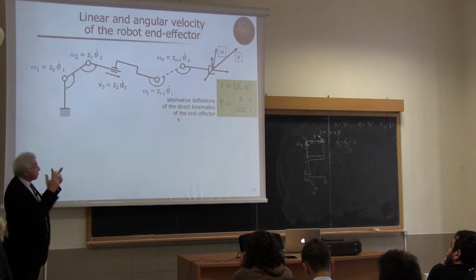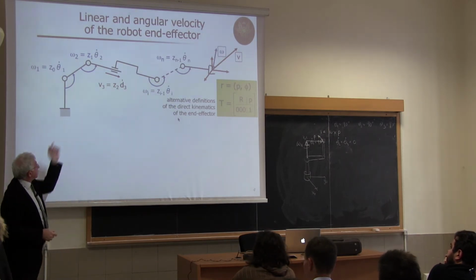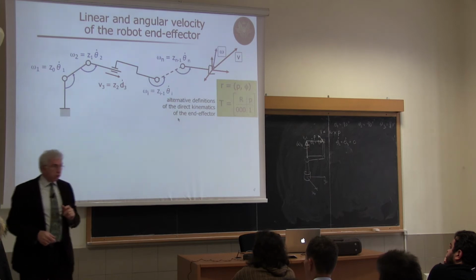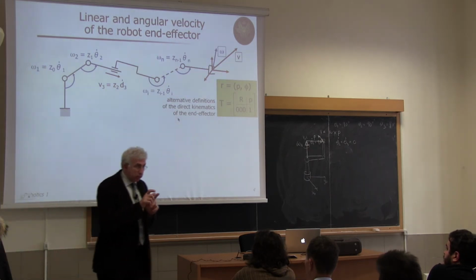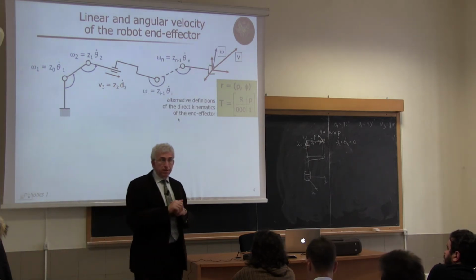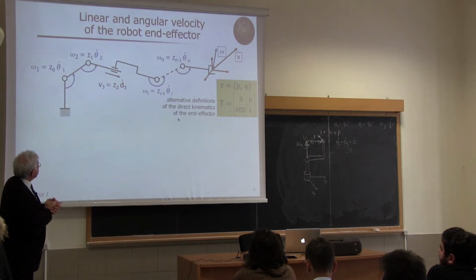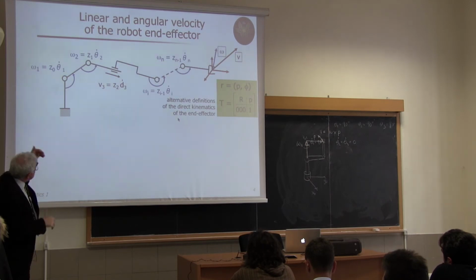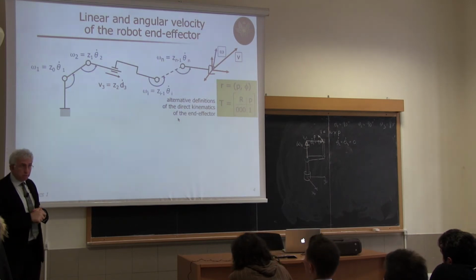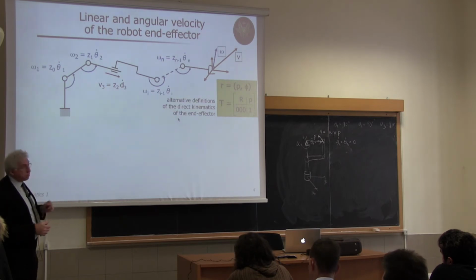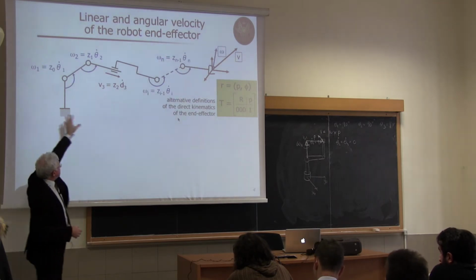And if I'm giving velocity to this joint, I have a D3 dot. Remember, D3 is the variable of a prismatic joint, so this is what can have a variation over time. And this is imposing a linear velocity, not an angular velocity. It's a prismatic joint, V3.